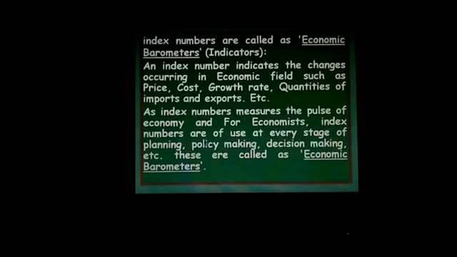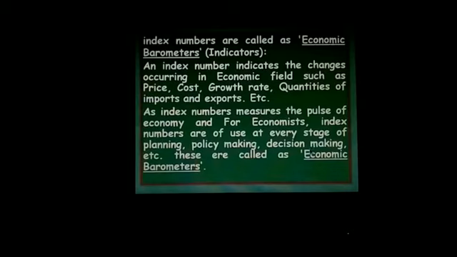And for economists, index numbers are of use at every stage of planning, policy making, decision making, etc. Once an index number speaks about economics or economic conditions, for economists, look at the cursor, index numbers will be of greater use at every stage of planning, policy making and decision making.